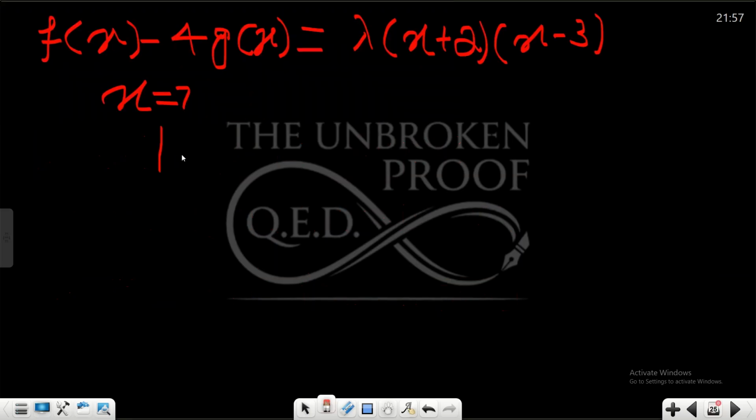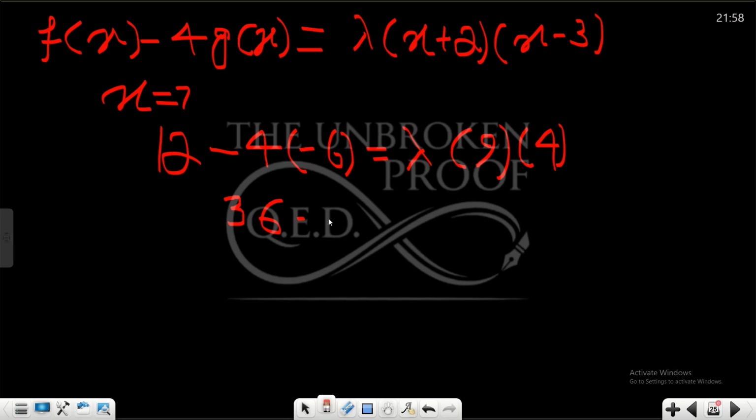So f of 7 is 12 minus 4 times minus 6 is equal to lambda times 9 into 4. So this is going to give you 12 plus 24 is 36, and this should be equal to lambda times 36. This implies lambda should be equal to 1.